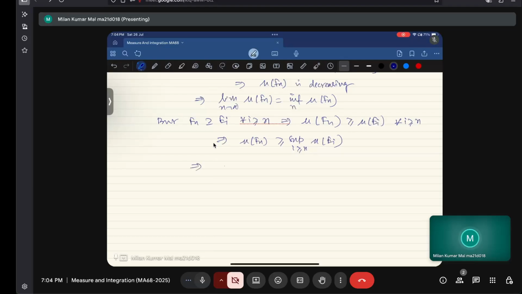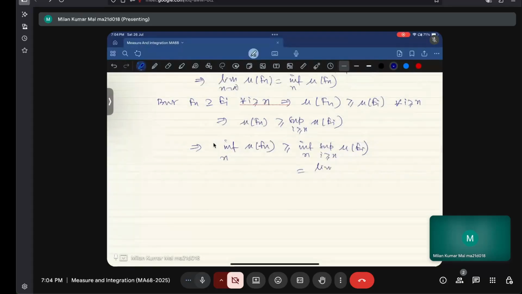That implies this is a real number, so the infimum over n of mu of Fn is greater than or equal to the infimum over n of the supremum over i greater than or equal to n of mu of Ei, but this is exactly equal to the limit supremum as n tends to infinity of mu of En.